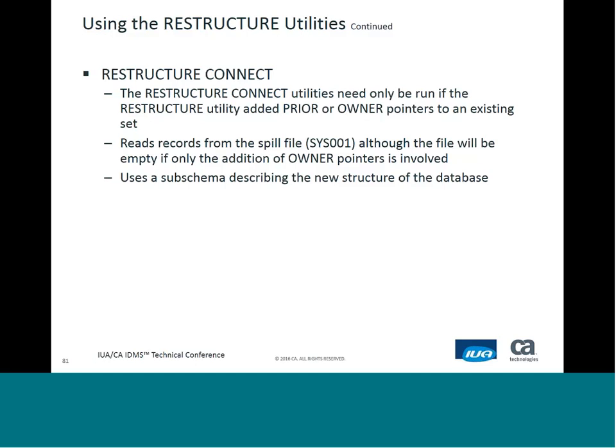But if the prior pointers are there, it's going to go through and read the information, identifying the sequence of the records in that prior direction in which it's to connect the record.